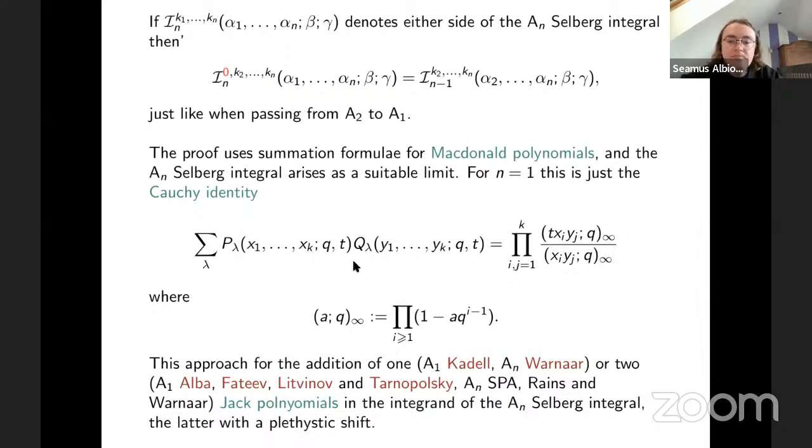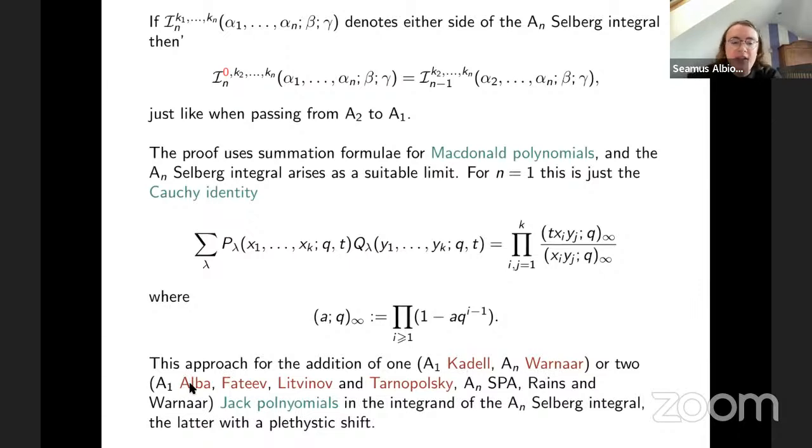So in type A_1, this was done by Kadell, again, not using Macdonald polynomial theory explicitly. And then type A_N by Warnaar. So Kadell did this in the 80s. Warnaar is 2009.